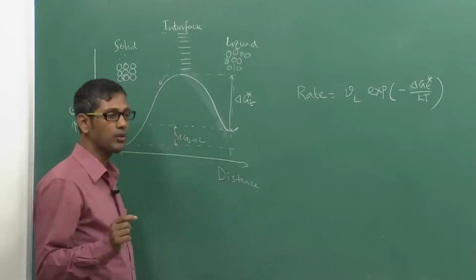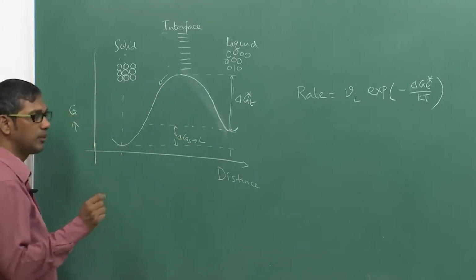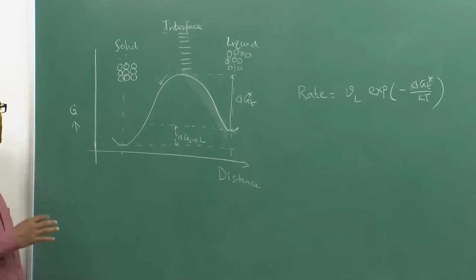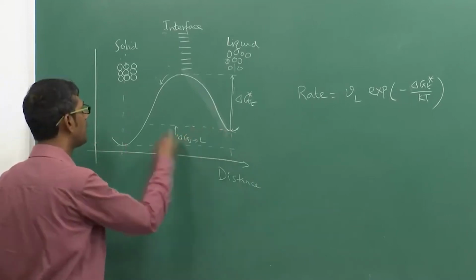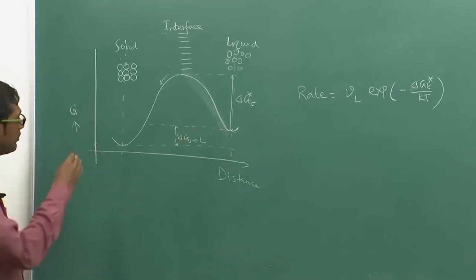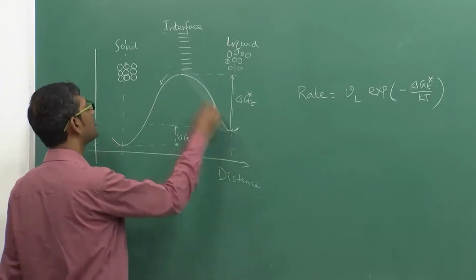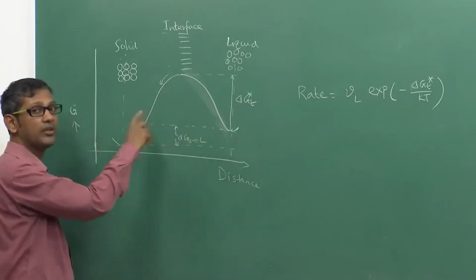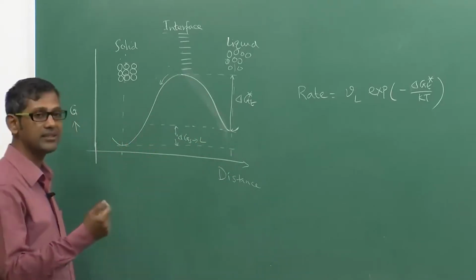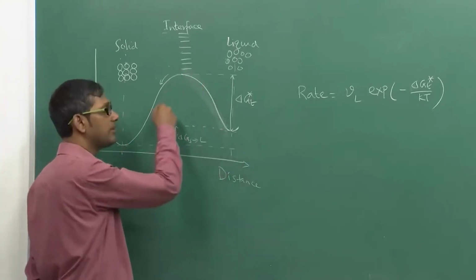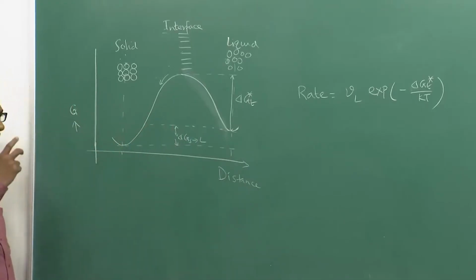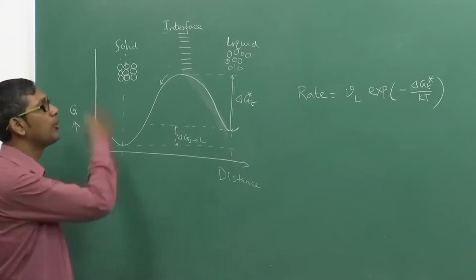Obviously, as I told you, when you are talking about net growth, meaning net atoms getting attached from the liquid to the solid, we need to consider both the jumps from the liquid to solid, which is known as a forward jump, and also the backward jump from the solid to the liquid. Because some atoms, as I said, may jump and come to the solid, but may not feel the energy has been reduced because of the type of interface we have, and then go back.